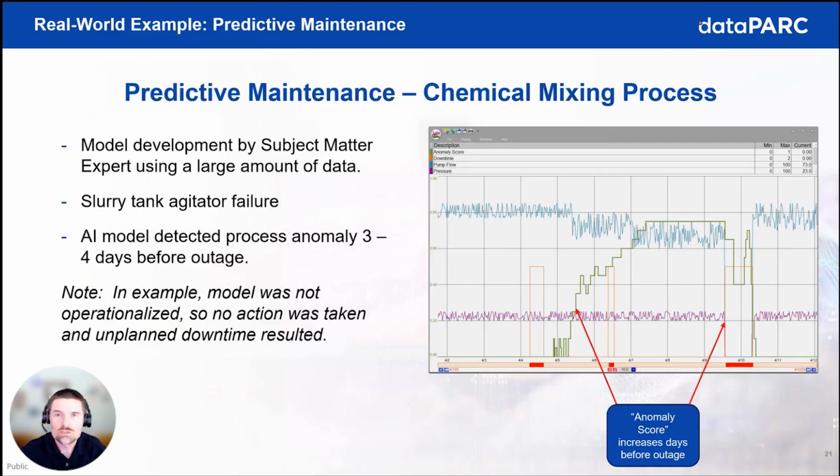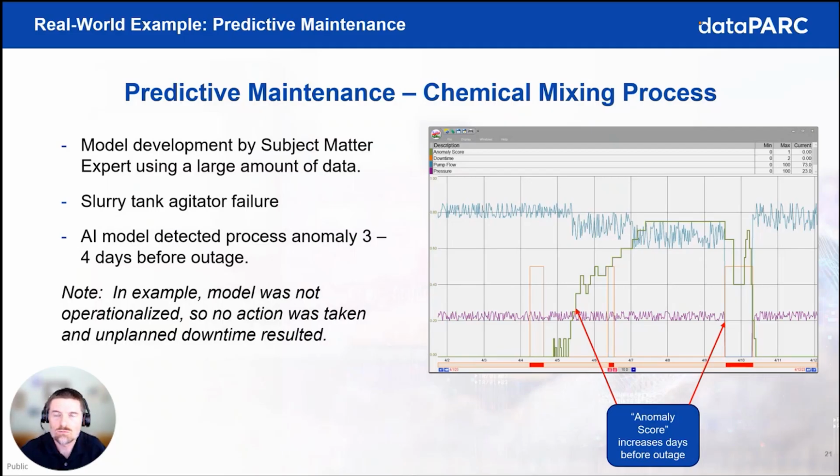An anomaly detection model essentially, in this case and in other cases, takes a set of process inputs and simply compares them all to each other statistically to determine, based on some normal operation training data, what's the standard range for this process.